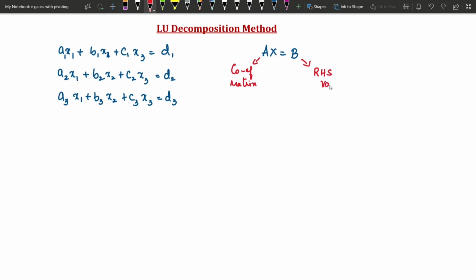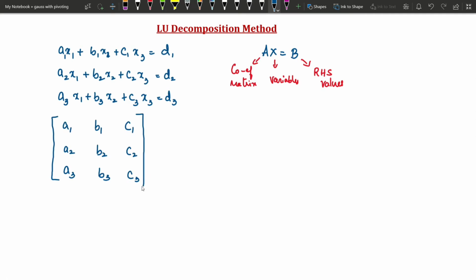So here what is A? It is the coefficient matrix. B is the matrix with RHS values, and X is the matrix of variables. So we will rewrite our given set of equations in the form of this matrix method. This is our coefficient matrix where the first column is coefficients of x1, second column is coefficients of x2, and third column is coefficients of x3.